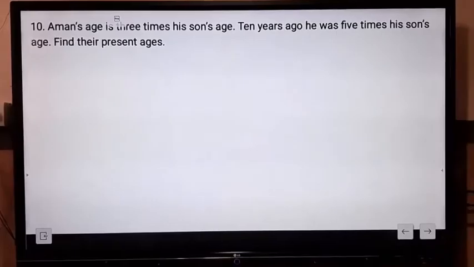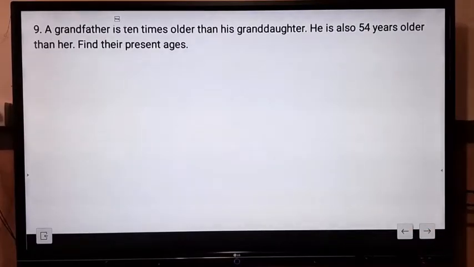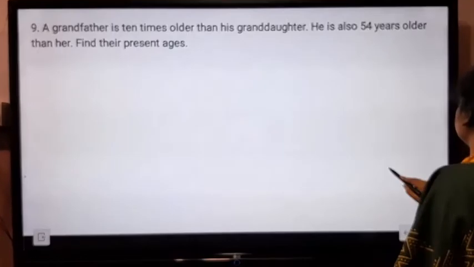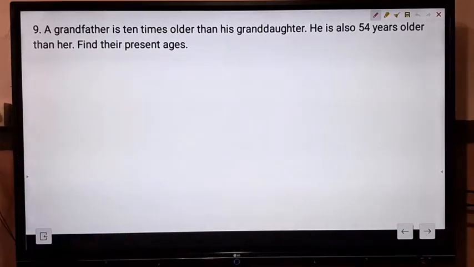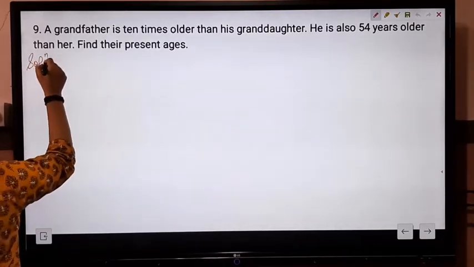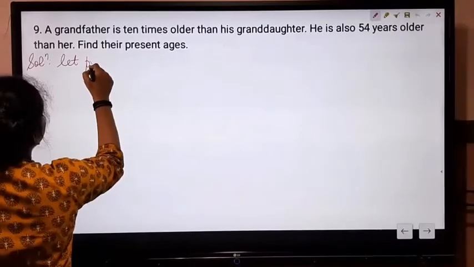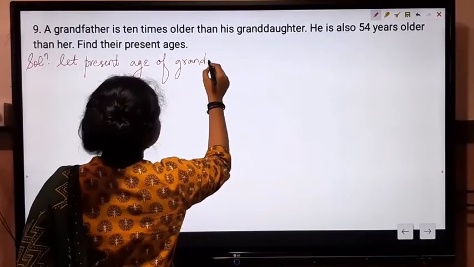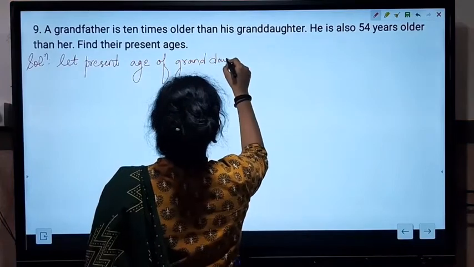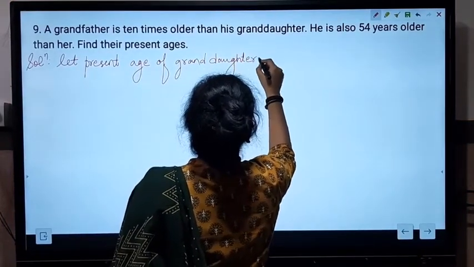Now question number 9. Question number 9 tells you a grandfather is 10 times older than his granddaughter. He is also 54 years older than her. Find their present ages. So solution, we can consider, let present age of granddaughter equal to x.